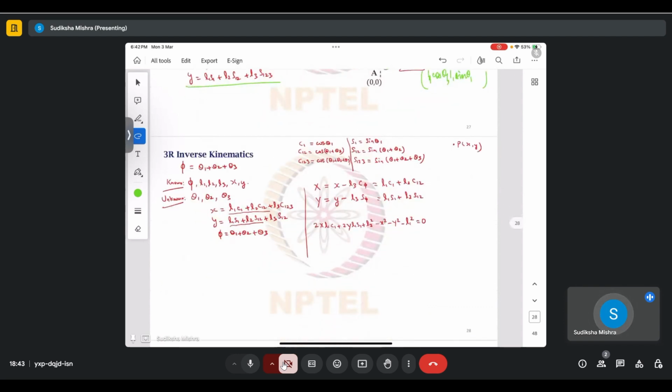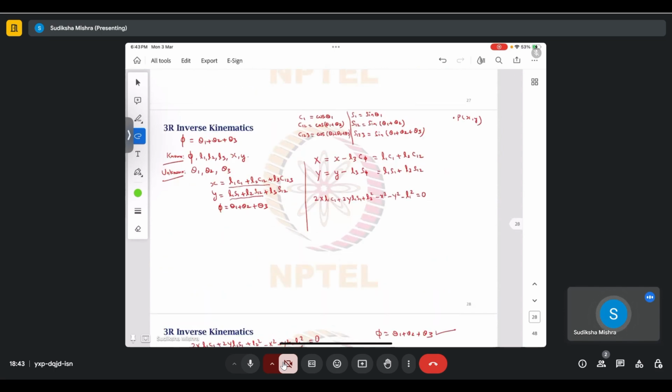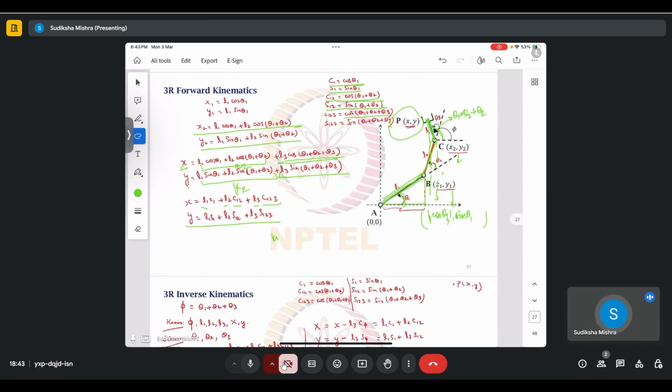Okay, so we now know what exactly is the forward kinematics, where you get x, y from all of the terms that you already know. Here the knowns are L1, L2, L3, theta 1, theta 2, theta 3, and the unknown is x comma y.